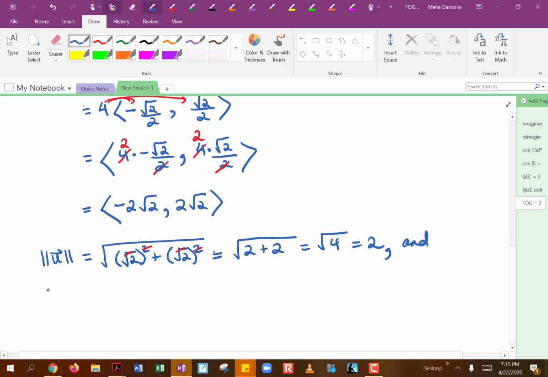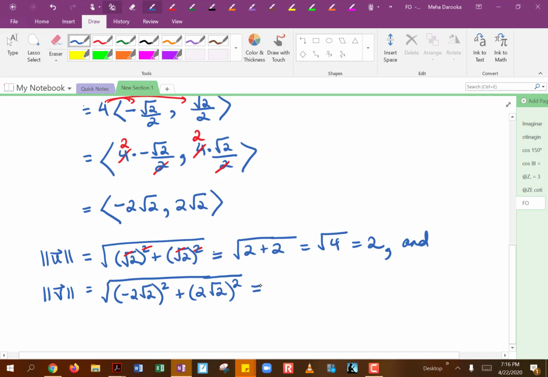And let's do the same thing, find the magnitude of vector v. That will be the square root of negative 2 square root of 2 squared plus positive 2 square root of 2 squared.